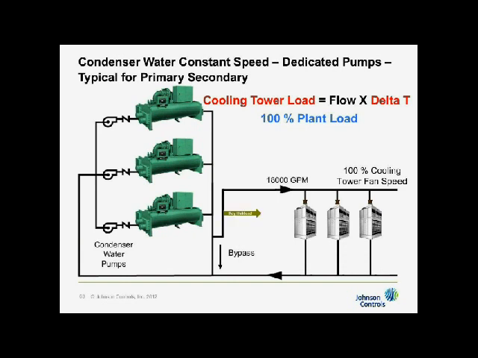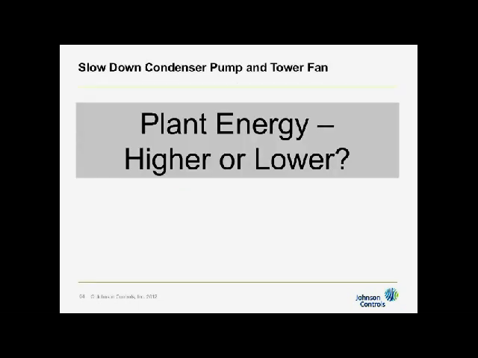We have cooling towers. We have a typical 18,000 GPM total for 100% plant load. And so the real question is on total plant energy: when I slow down the condenser pump and the cooling tower fans, will my plant energy get higher or lower? That's what we're going to talk about here.